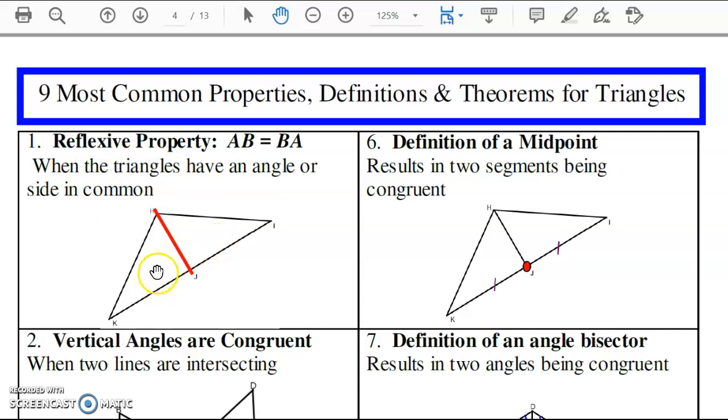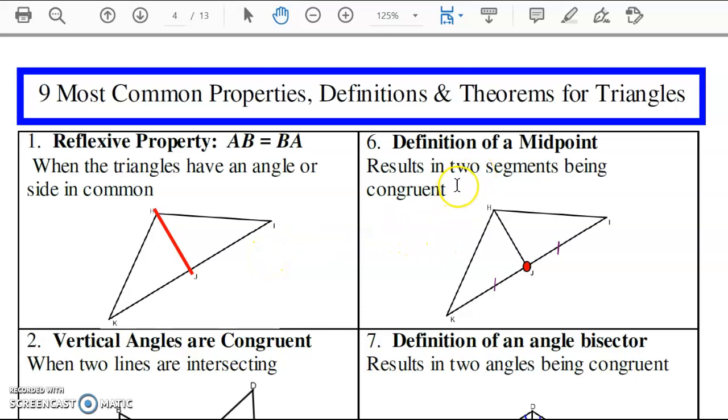Here you see that we have two smaller triangles in this picture, where these two triangles share this side. Because these two triangles share a side, side HJ from this triangle is the exact same measurement as side HJ from the triangle off to the right, because they share that same side. Reflexive property.